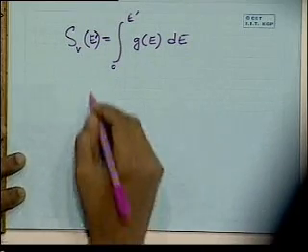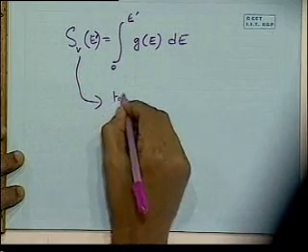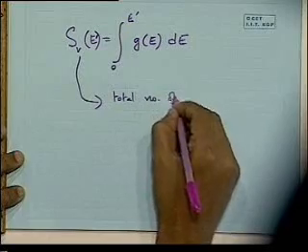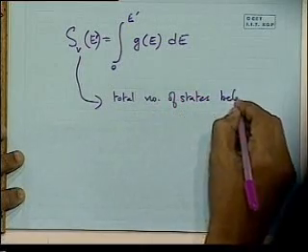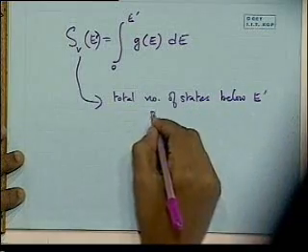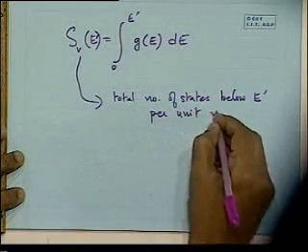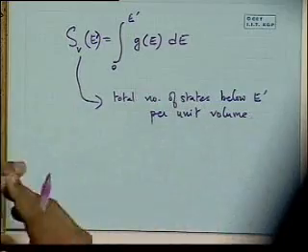So this term here gives me the total number of states below E dash, and of course, it's per unit volume still.